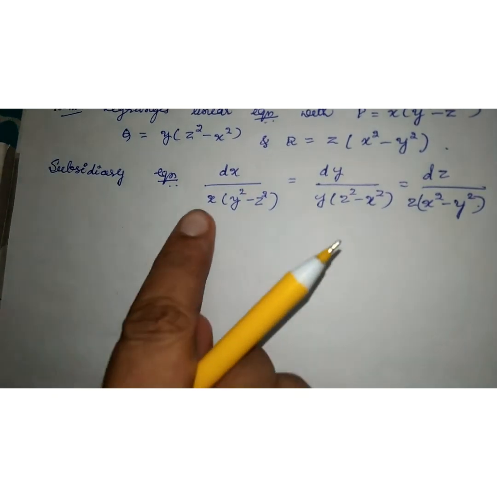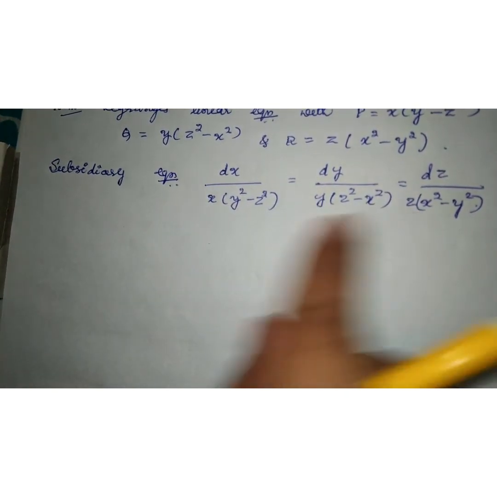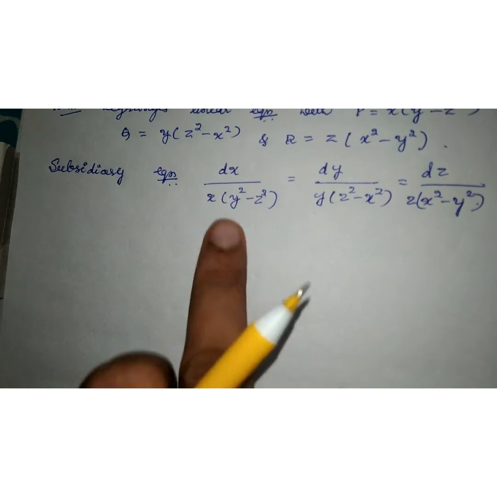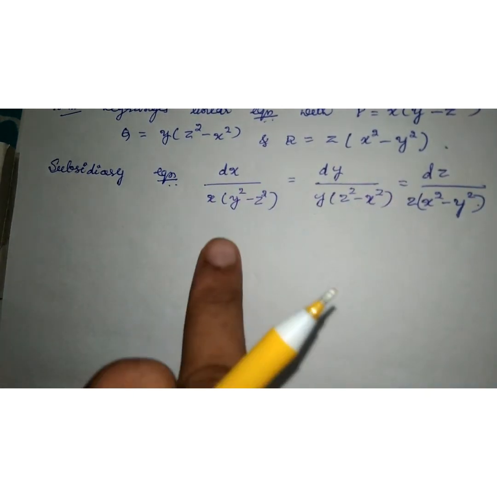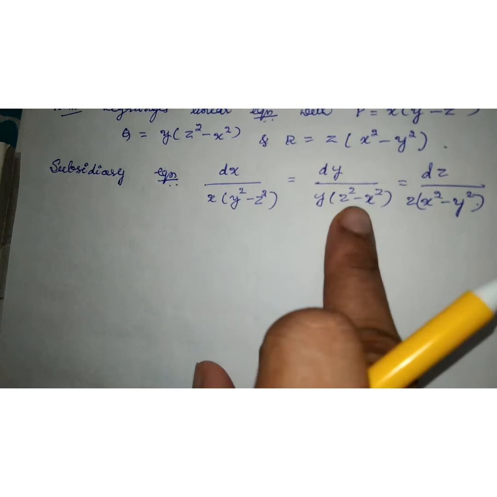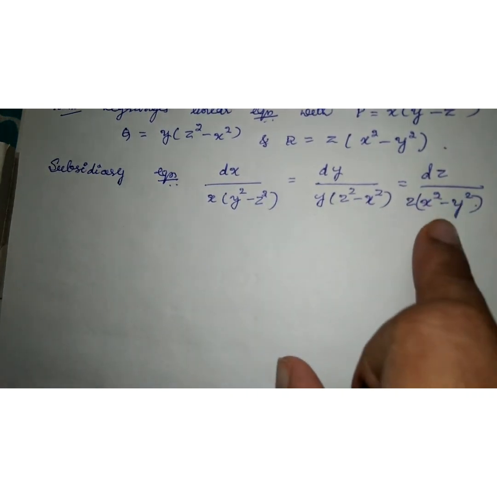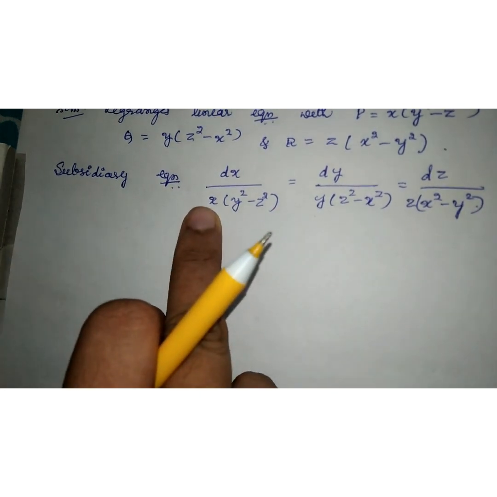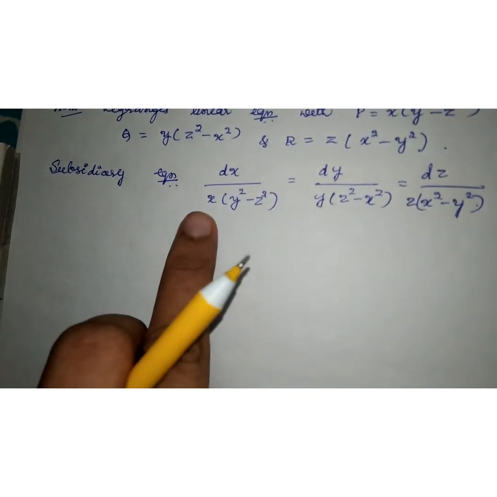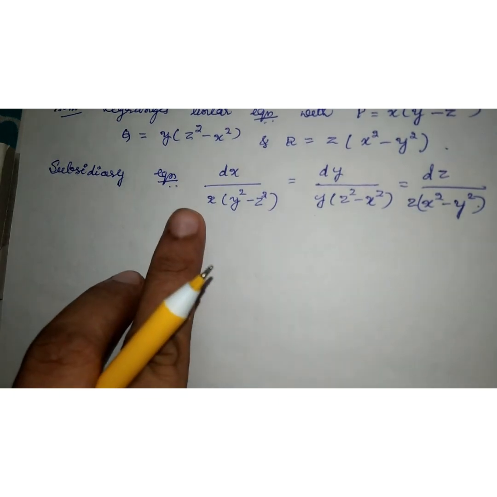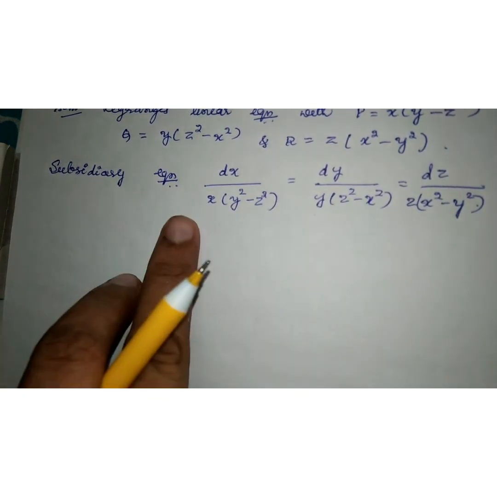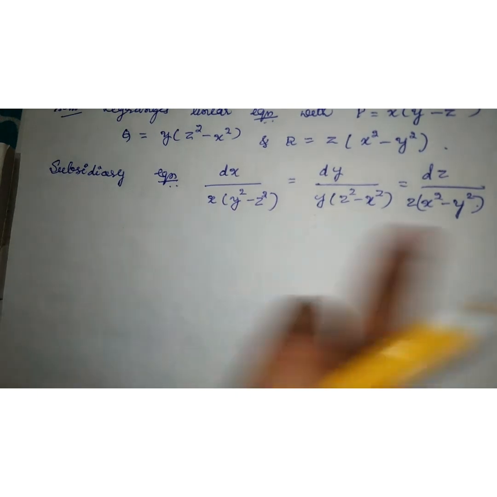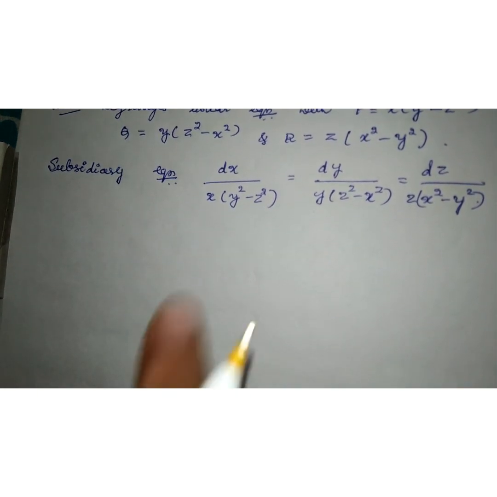If we don't have x, y, z terms in the equations itself, you can just add all the terms together, so that you get y square minus z square plus z square minus x square plus x square minus y square, where all the terms get cancelled. And suppose you have x square, y square, z square instead of x, y, z, even in that case the same procedure works, because the denominator becomes 0.